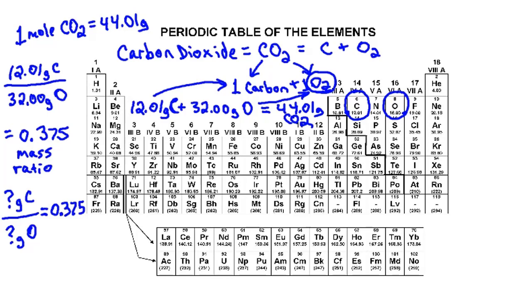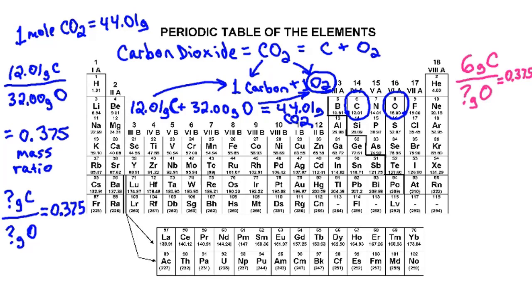So for CO2, the mass ratio is always going to be 0.375 when you divide the grams of carbon by the grams of oxygen. So if we had, for instance, say we didn't have 12.01 grams of carbon, say we had 6 grams of carbon, and we need to know how many grams of oxygen we have in CO2. Well, we know that if we divide that 6 grams of carbon by however many grams of oxygen, we will get that same mass ratio of 0.375.